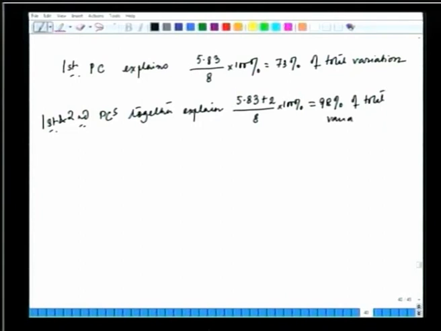So I can reduce the data dimension from 3 to 2, because the first two principal components explain 98% of the total variation, and reducing the dimension by even 1 degree helps me a lot. I can project this data on an xy plane and see various characteristics of this multivariate data, right?